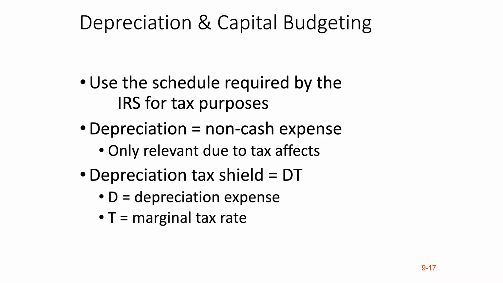Depreciation by itself is a non-cash expenditure, so the only relevant part is the tax effect. The depreciation lets you reduce the taxable income. In other words, depreciation creates a depreciation tax shield. The amount is easily calculated as the depreciation expenditure times the marginal tax rate.